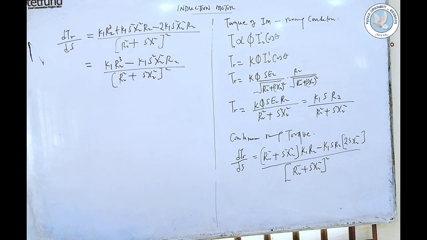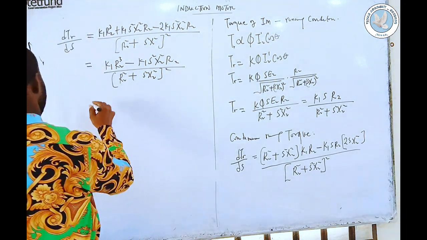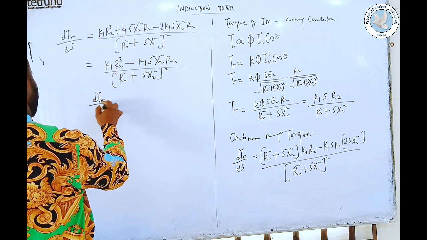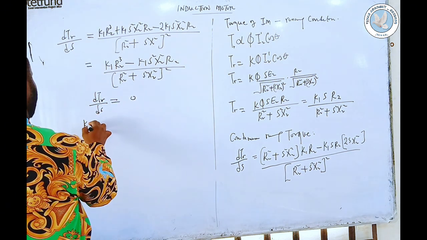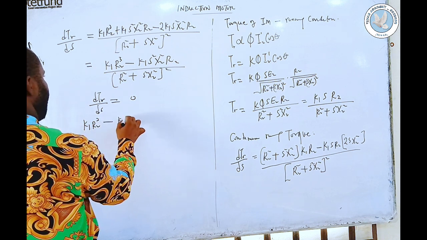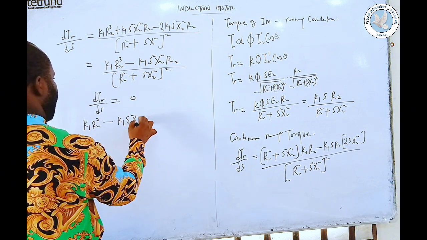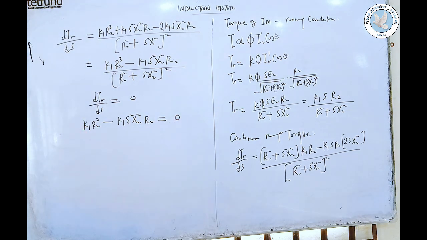In looking at the stationary points, we have to equate this to 0. So this is equal to 0. And hence we have in this equals to 0.